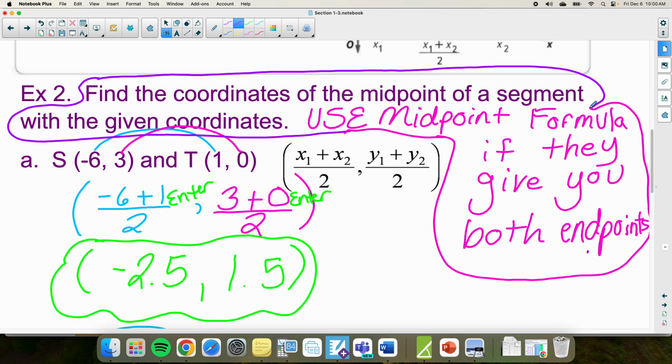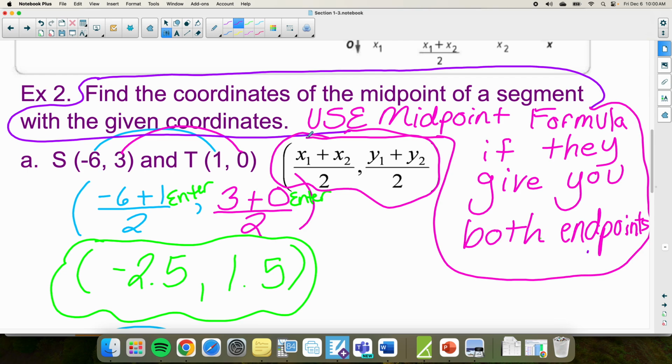Okay, so when they give you the 2 endpoints, that's when we're going to use this midpoint formula right here, okay?